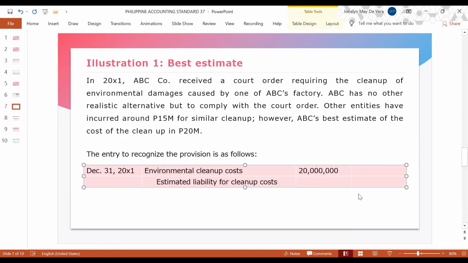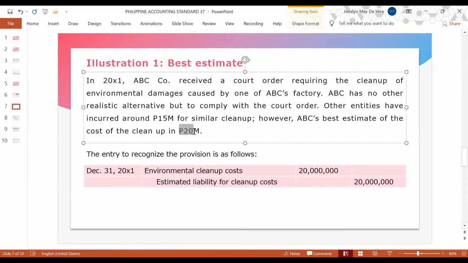And credit estimated liability for cleanup cost 20 million. So that is how we measure in best estimate. So yung 20 million po is the best estimate sa provision na ito.